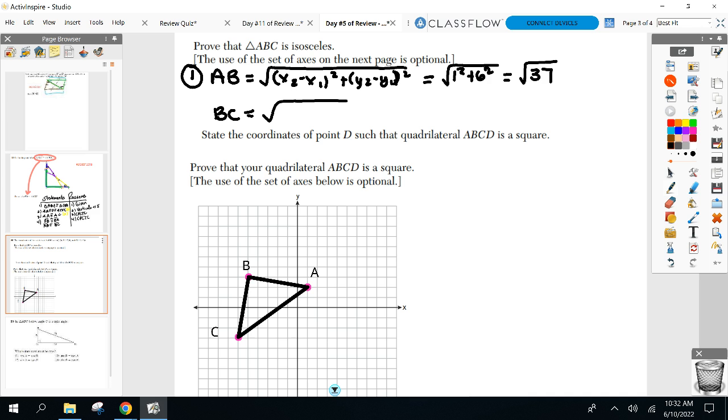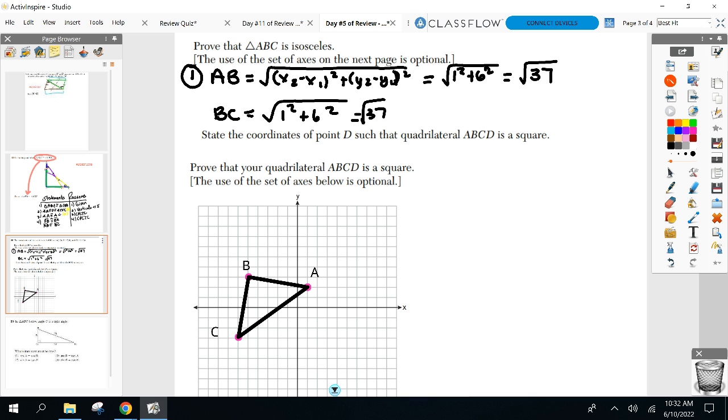Square root of 37 again. And if you can't get the 37, ask me. We all right? Okay.